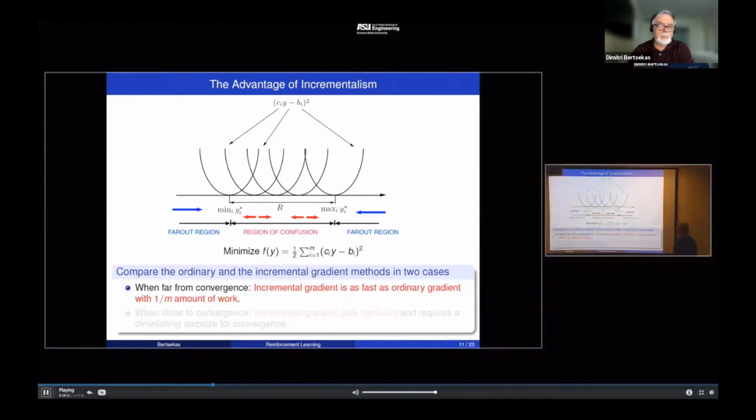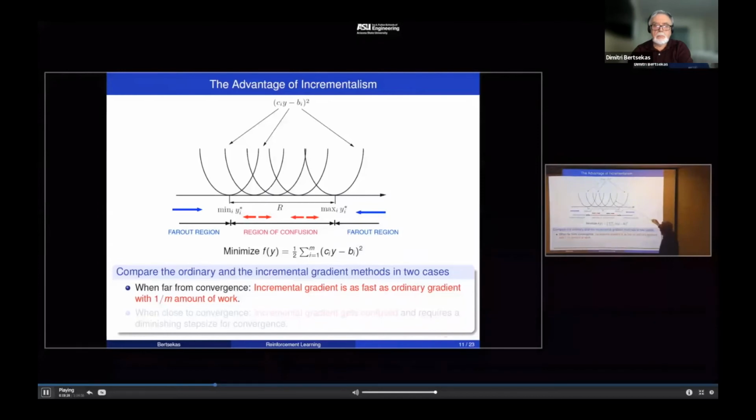Okay, how would the ordinary gradient method work? The ordinary gradient method operates on the basis of the overall function. So if it starts over to the right, it moves in that direction, towards the minimum. If it starts on the left, it moves in the opposite direction, again towards the minimum. Now the incremental method picks one of those quadratics, and if it happens to be to the right, it moves in the same direction as the ordinary gradient. They would be doing roughly the same things.